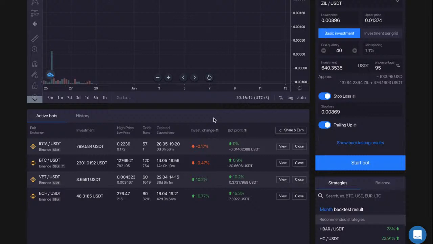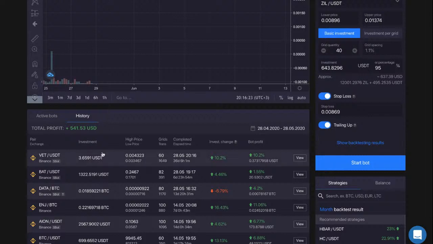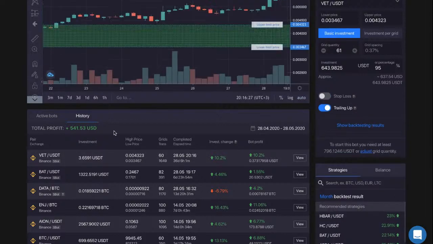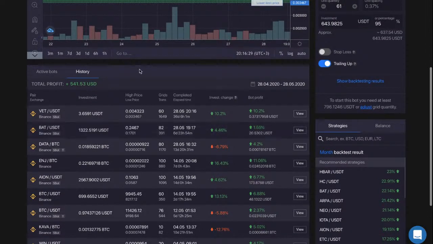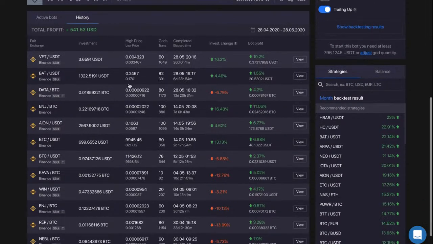When you click on close the bot, it has now been closed, and it's shown in the history right here. All of the bots that you had, you can always find them in the history.